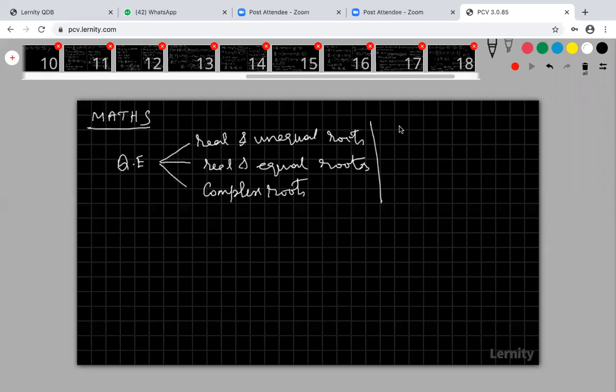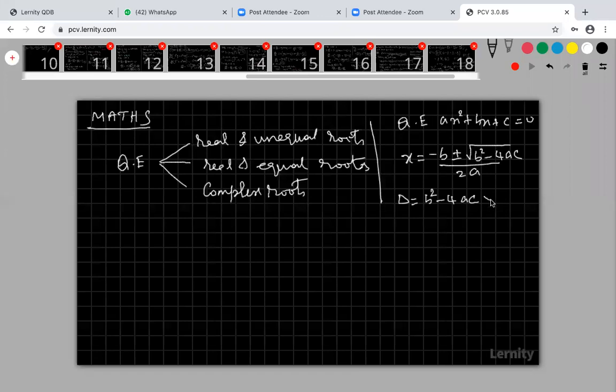What is a quadratic equation? An equation in the form ax square plus bx plus c equal to 0. The solution is minus b plus or minus root over b square minus 4ac, divided by 2a. The b square minus 4ac is called the discriminant.